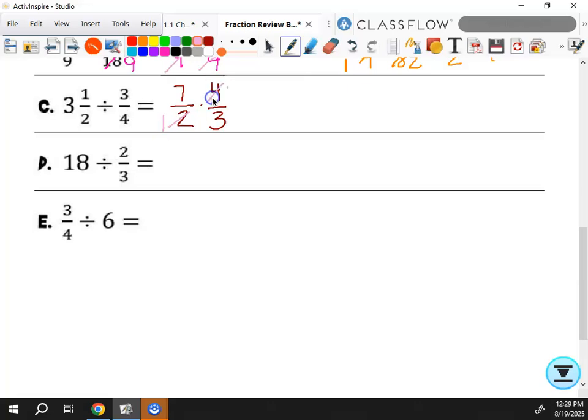That's 1, and that's 2. It's going to give me 14/3. Okay, reduce that if I can. I can't because I had everything else reduced. Make it into a mixed number. How many times does 3 go into 14? 4 with 2 left over. What questions we got? We good?